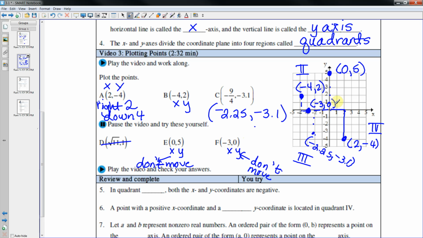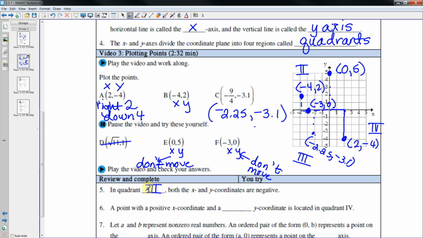So let's think about these questions at the bottom and about quadrants. In what quadrant would both the x and y coordinates be negative? Well, let's look back at our examples. Where do you see both my x and y negative? That would be down here where I've got the negative 2.25 and the negative 3.1. And we said that sits in quadrant 3.